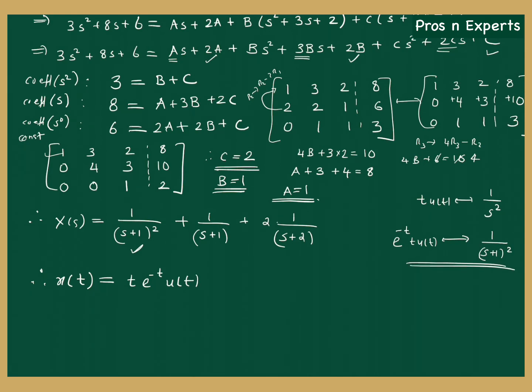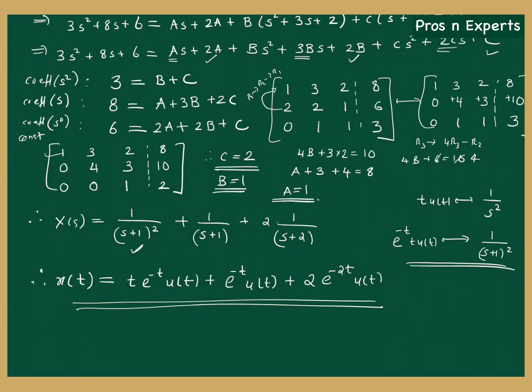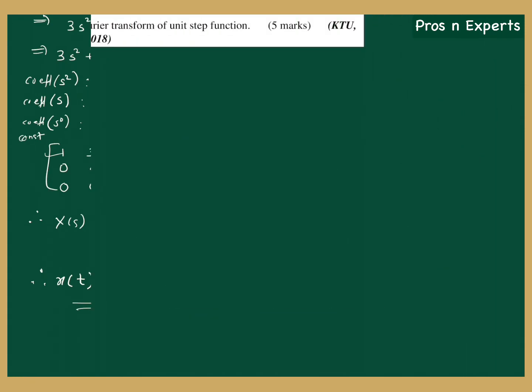Plus the second term is 1 by s plus 1, and we all know its inverse transform is e raised to minus t u of t, plus the third term is 2 into 1 by s plus 2. Again 1 by s plus 2, we all know its inverse transform is e raised to minus 2t u of t. So this is the inverse transform of x of s given in the question.